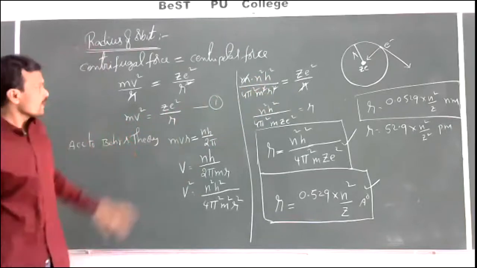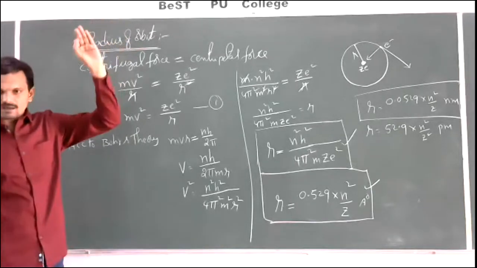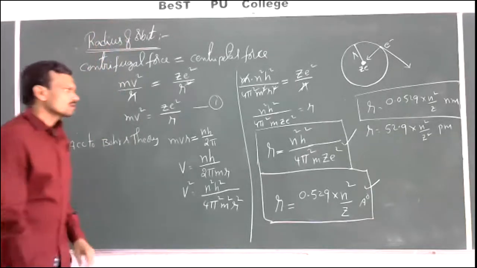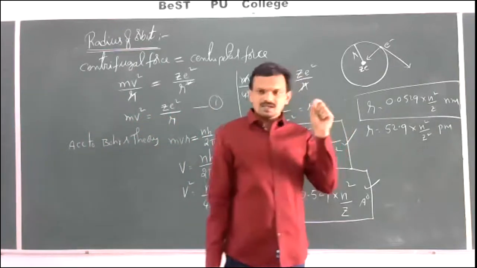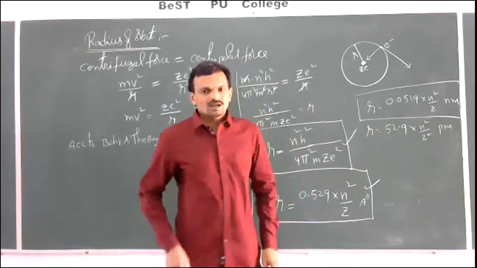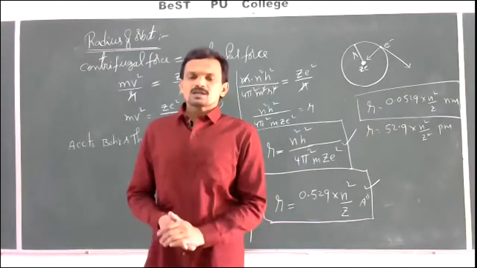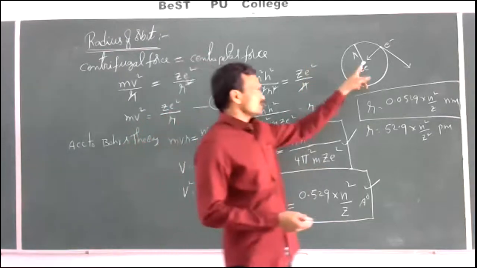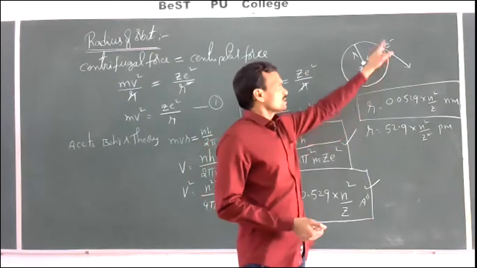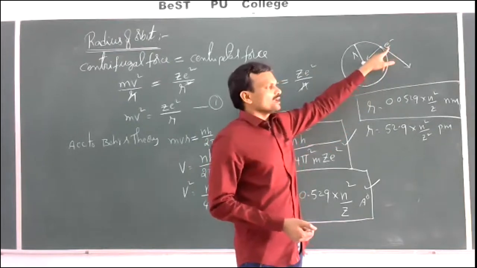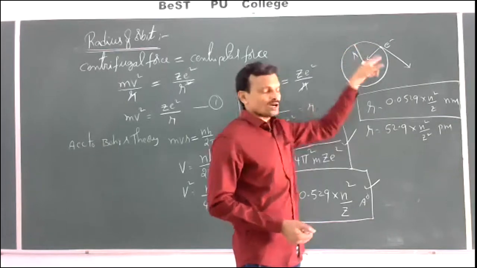Let me say once again briefly, what is the expression for the radius of the orbit? Let us consider an orbit of radius r. Let the atomic number be Z. So the number of protons present in the nucleus is Z, and the charge of the Z protons is Ze. An electron is revolving in an orbit of radius r.